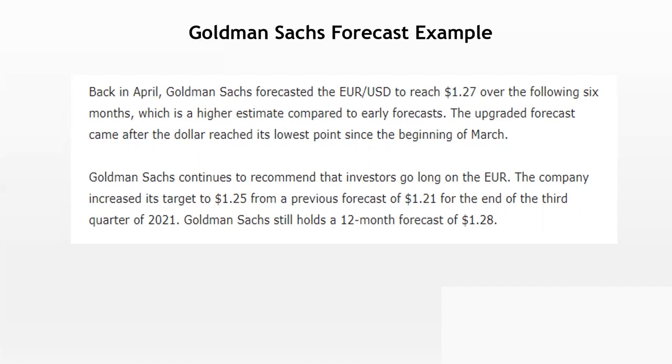Goldman Sachs continues to recommend that investors go long on the euro. The company increased its targets from 125 from a previous forecast of 121 for the end of the third quarter. Goldman Sachs still holds a 12-month forecast of 128. What do you notice, guys, on this screen here? What do you notice?